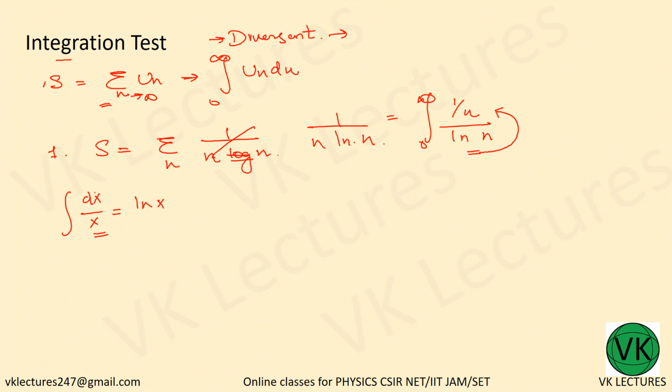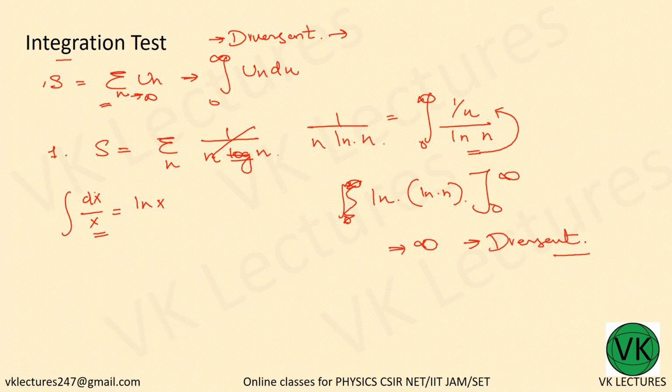So we get log of log n. No need of integration, only putting the limit 0 to infinity. Now if you put log infinity, it will become infinity. So it is divergent.